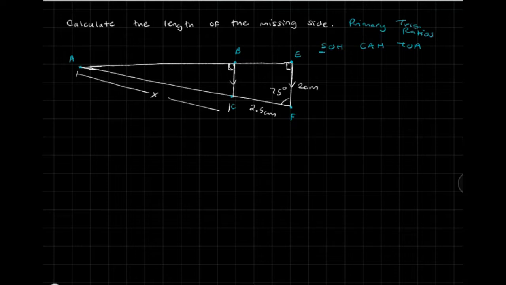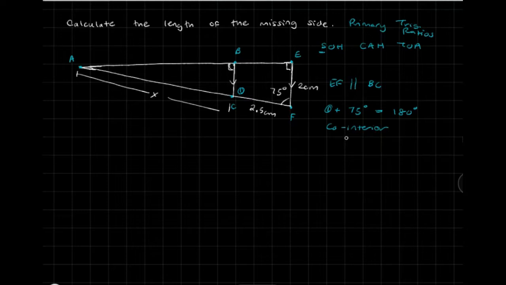Now we also understand that if side length EF is parallel to side length BC, then as a result, this angle here, and we'll call this guy angle theta, right? Theta plus 75 degrees should be equal to 180 degrees. And we know this because theta and 75 degrees are co-interior angles.